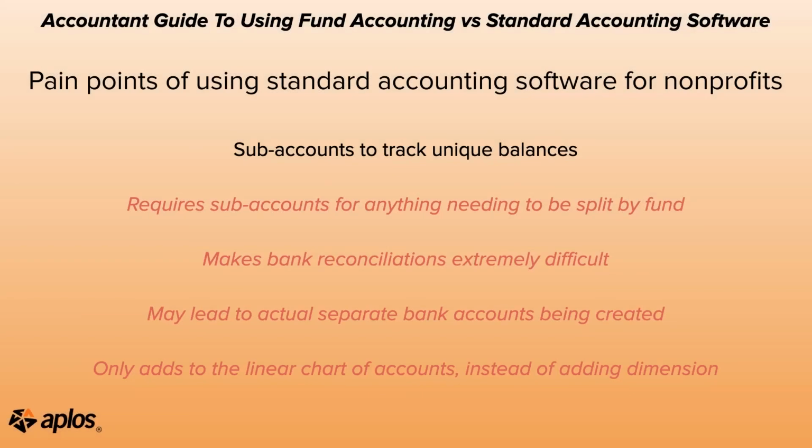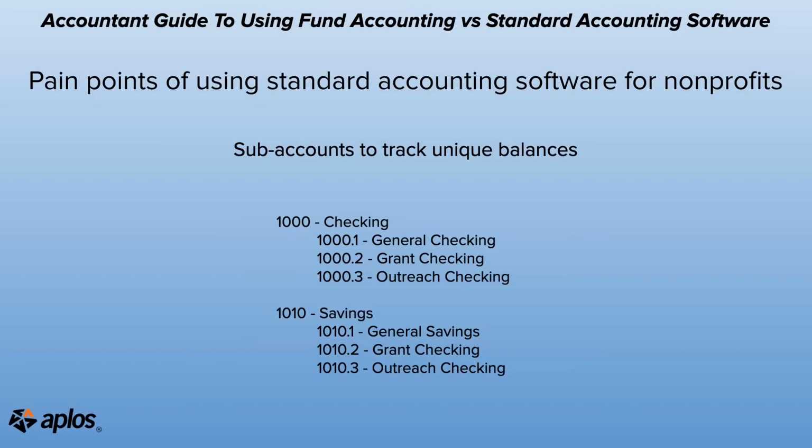It also makes bank reconciliations the worst. It makes them extremely difficult. The only way to really do that comprehensively would be to find a software that allows you to reconcile multiple accounts into one reconciliation. I don't know if that's possible anywhere because it's kind of a weird situation.